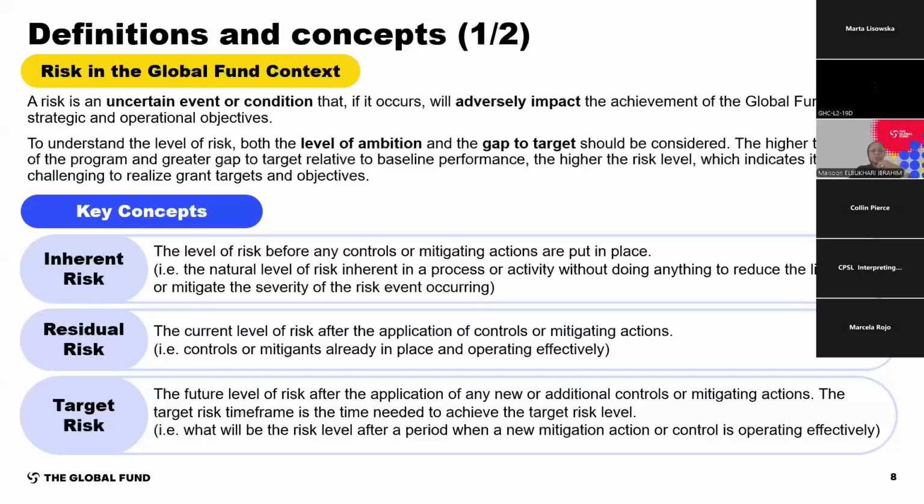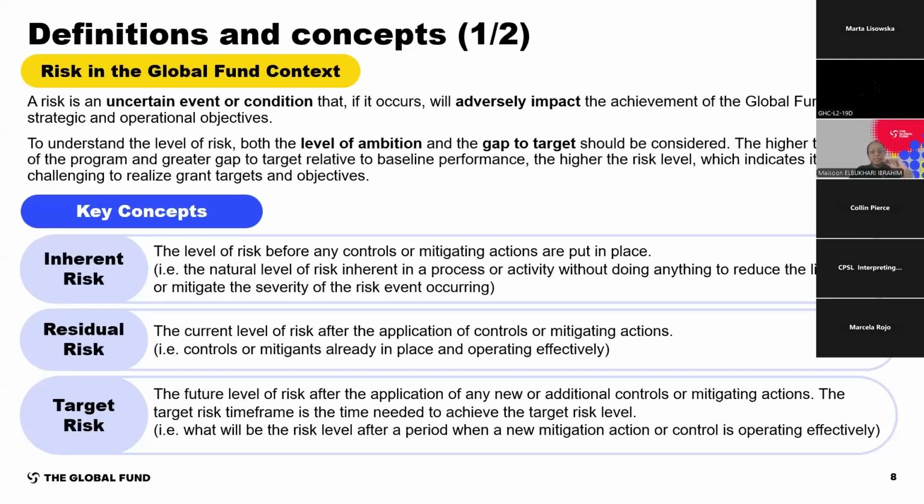So for example, there could be risk in the design of the program, that it's not evidence-based, or it's not fully aligned to the epidemiological context, or when the program fails to reach the people most in need. Other risks could include issues like fraud, inadequate data quality, suboptimal supply chain management that could lead to stockouts, and so on.